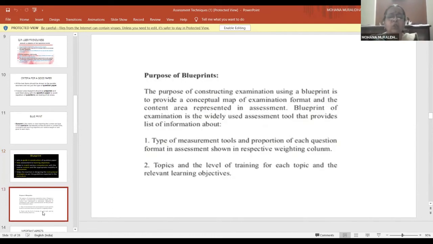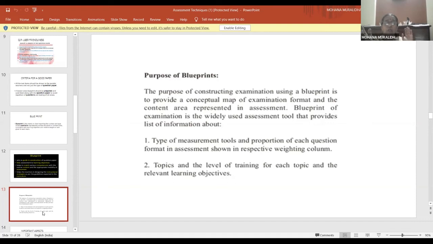Purpose of blueprint, as I told you: the purpose of constructing an examination using a blueprint is to provide a conceptual map of the examination format and content area represented. It's a widely used assessment tool that provides information about the type of measurement tools and the proportion of each question format in the assessment, as easy, medium, average, below average, hot questions, and the type and level of training for each topic and the relevant learning objectives.